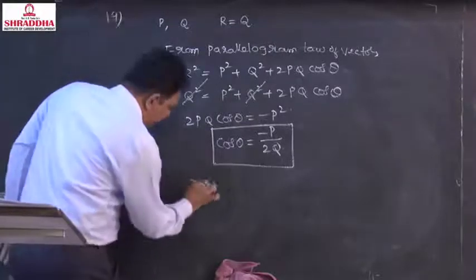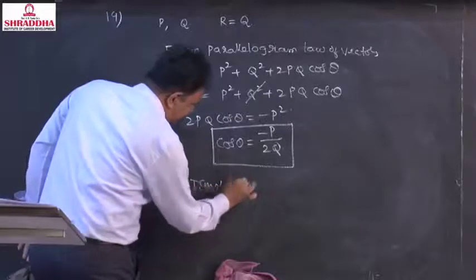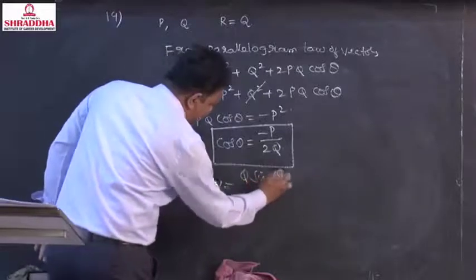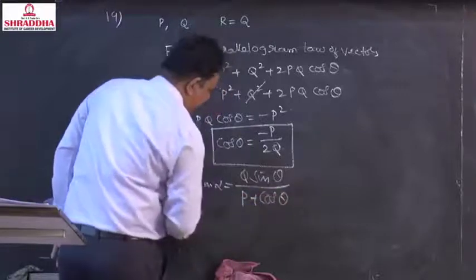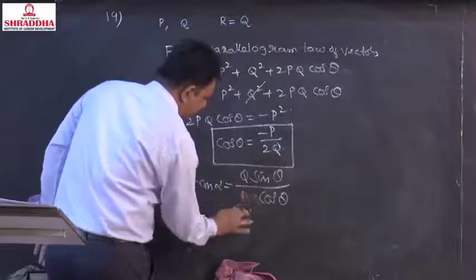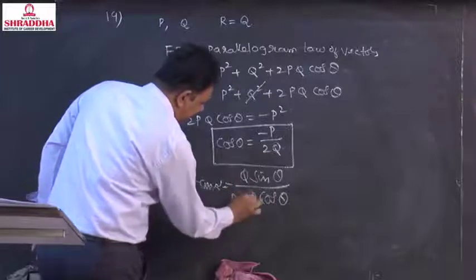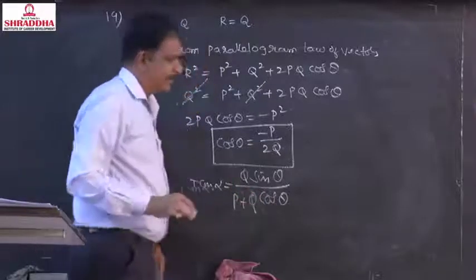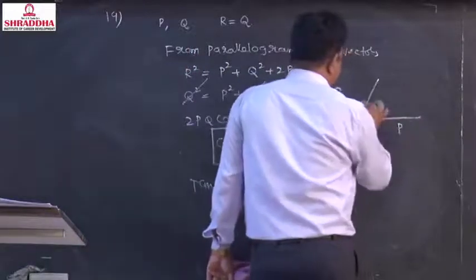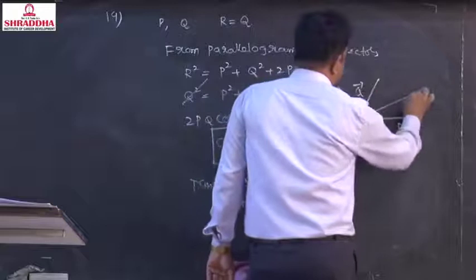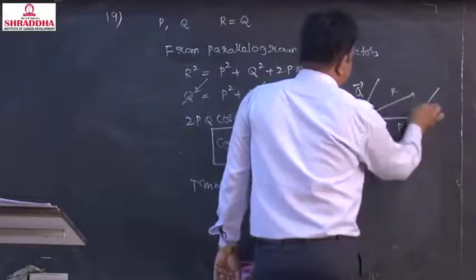Tan alpha is equal to Q sin theta by P plus Q cos theta. That is the formula from the parallelogram law of vectors. This is P, this is Q, this is R.